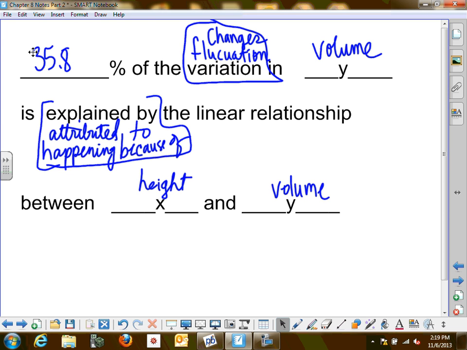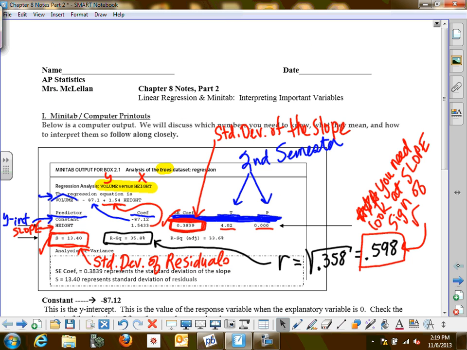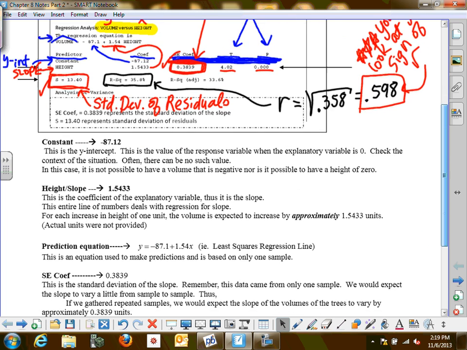How about the diameter of the tree? Wouldn't that have an effect on the volume, not just its height? So just 35% of that fluctuation is attributed to the linear relationship between height and volume. The other part is other things. That was the weakest part of our quiz, that understanding.